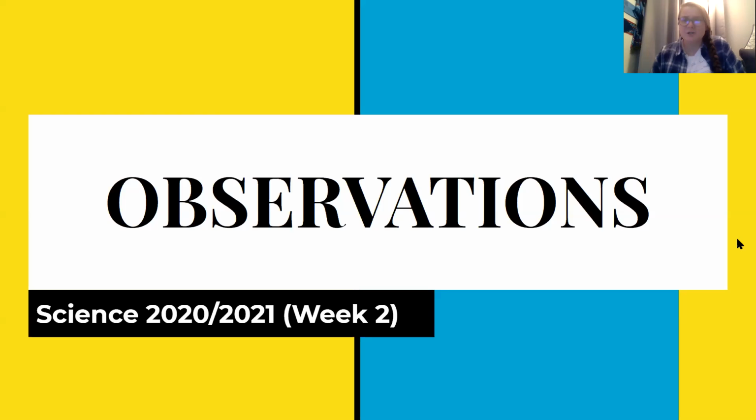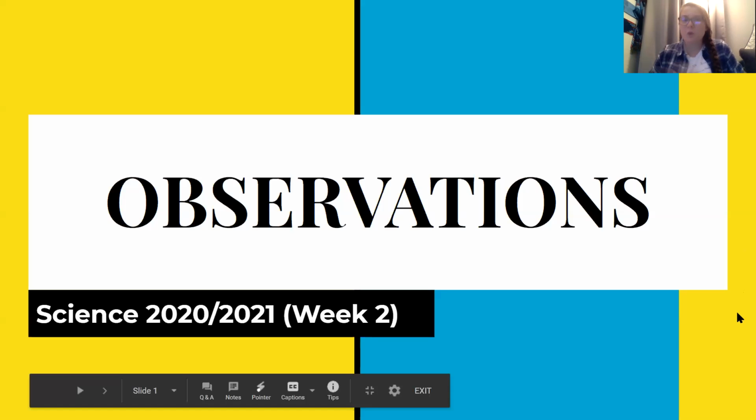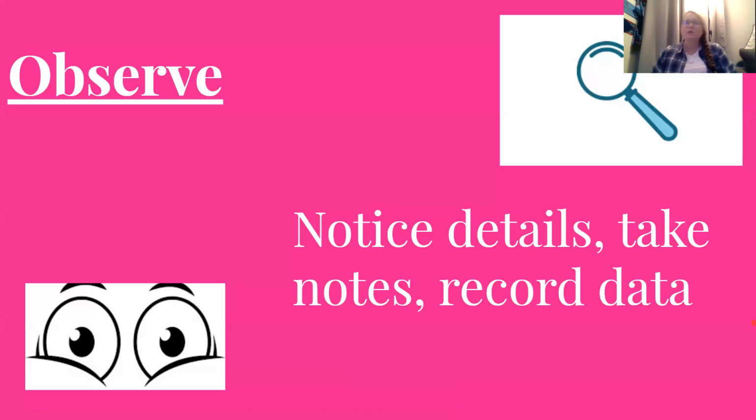When we observe, we're using our eyes to look at details about an object or about whatever it is we're observing. So when we observe, we notice details and we take notes and we record data.